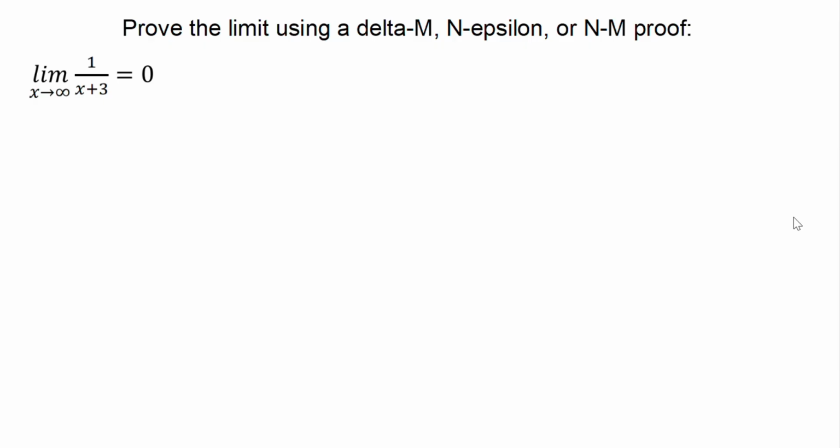All right, so the setup is going to be, again, pretty similar. We're back to using epsilons now, though, because this is a limit that equals a real number. So given an epsilon greater than 0, we're now going to choose an n, right? And we always use n when we're talking about these limits that as x approaches infinity or negative infinity.